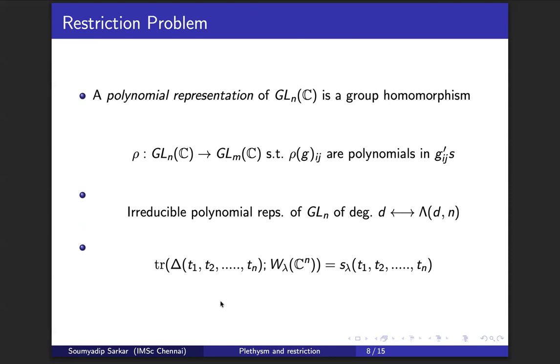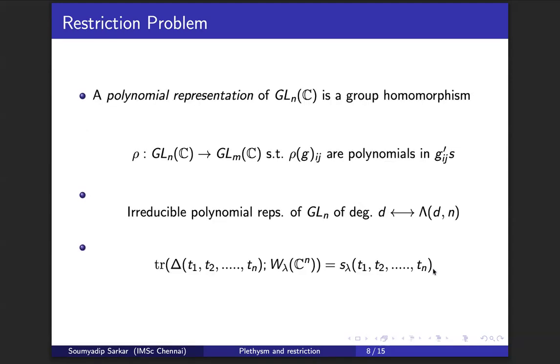It is a very well-known fact that irreducible polynomial representations of GLn of degree d are combinatorially parameterized by partitions of d into at most n parts. This capital lambda(d, n) denotes the set of partitions of d into at most n parts. These are known as Weyl modules, W lambda(C^n), the irreducible polynomial modules for GLn. And the character of these is exactly given by the Schur polynomial evaluated at the n variables t1 to tn.